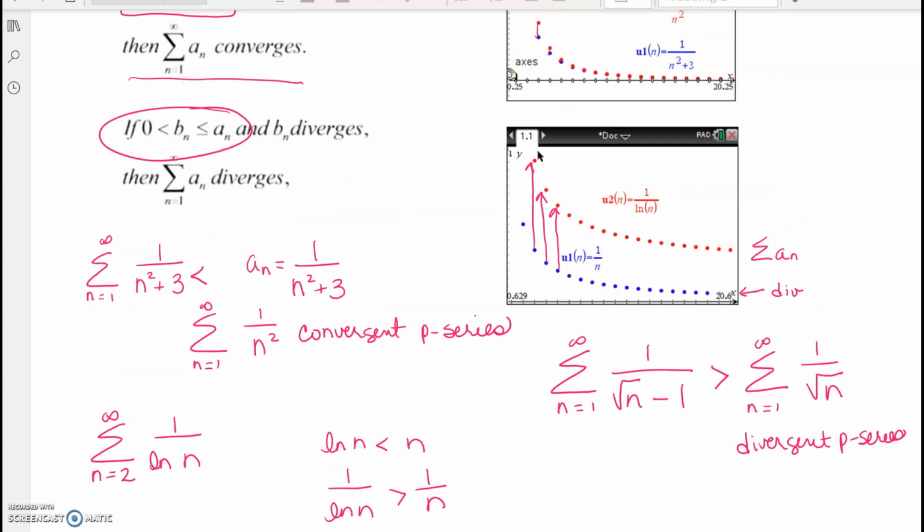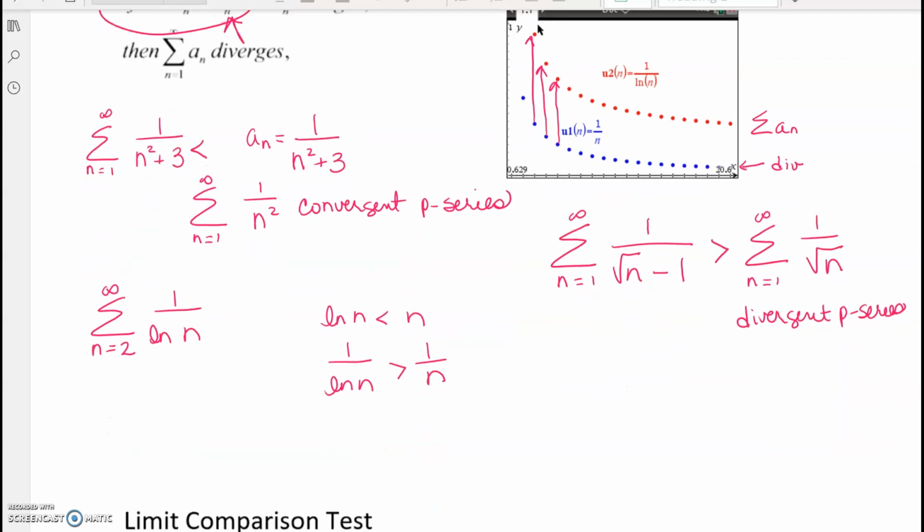And so back up here, if our series, which is 1 over square root of n minus 1, is greater than or equal to a known divergent, and this is a known divergent P-series, then you can say that the sum from n equals 1 to infinity of 1 over square root of n minus 1 diverges by direct comparison.